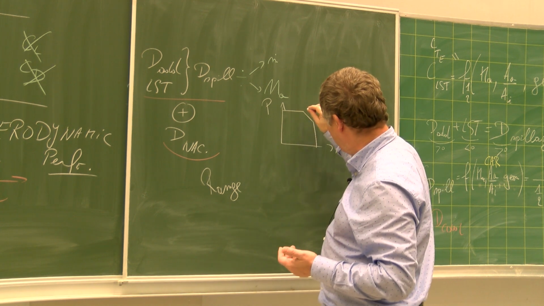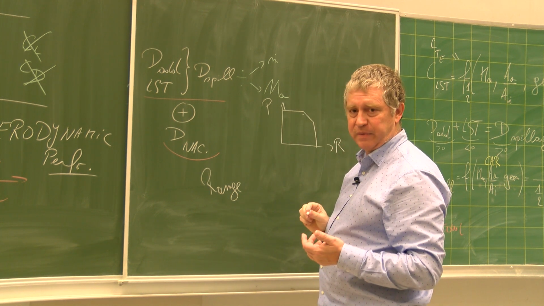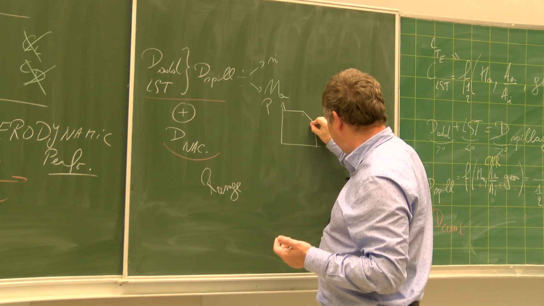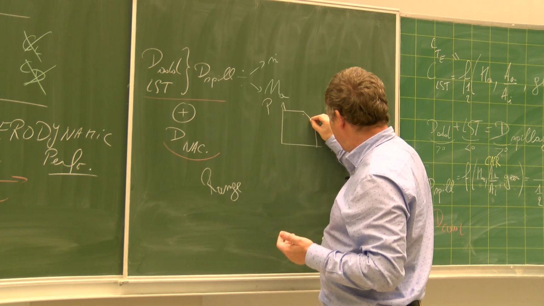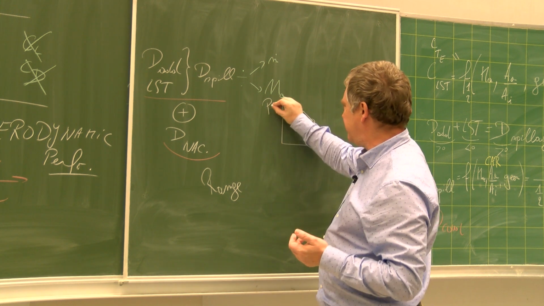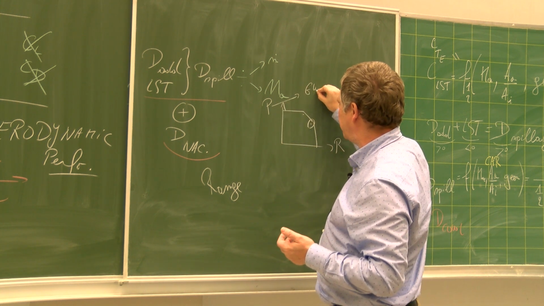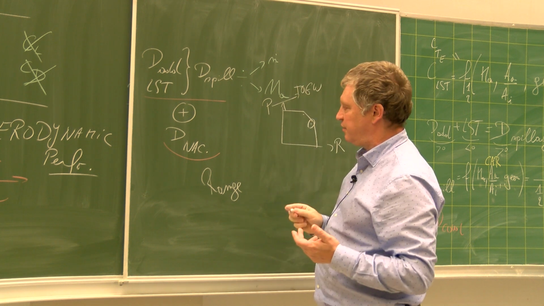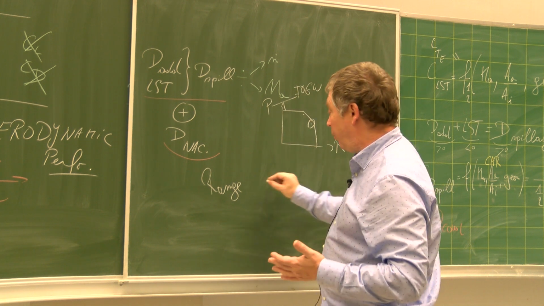And you want to fly at this point, or you want to fly at this point. So a certain range and a certain payload that corresponds, of course, with a certain gross weight or a certain takeoff gross weight.